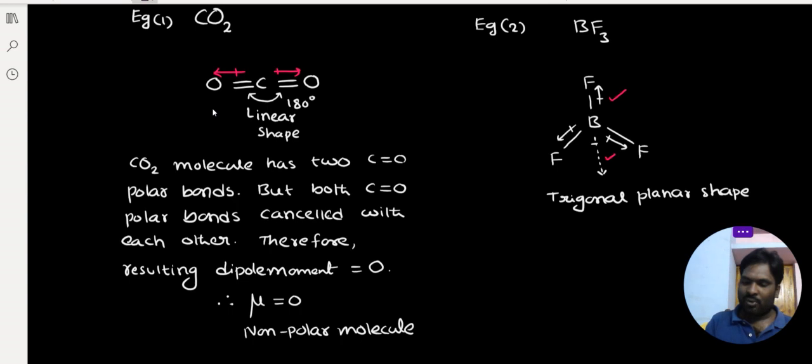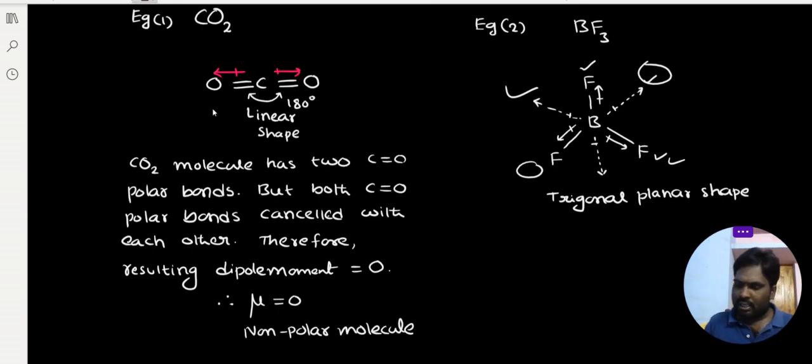Understood or not? Now these two polar bonds give a resulting dipole, and this one cancels out.